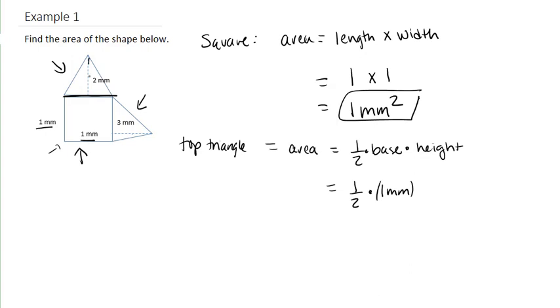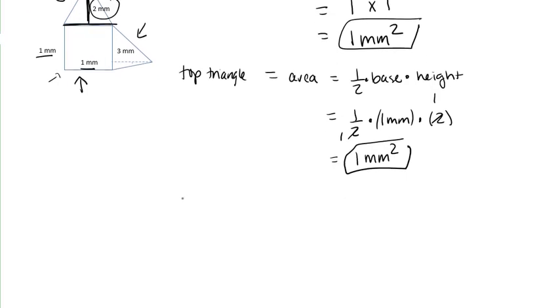And then our height, which is right there, is 2. So we get 1 times 2 and then divided by 2. So that is just equal to 1 millimeters squared. Another quick way to do this: when you multiply, these are common factors and they can cross out and leave it just as 1. So now let's do the bottom triangle.